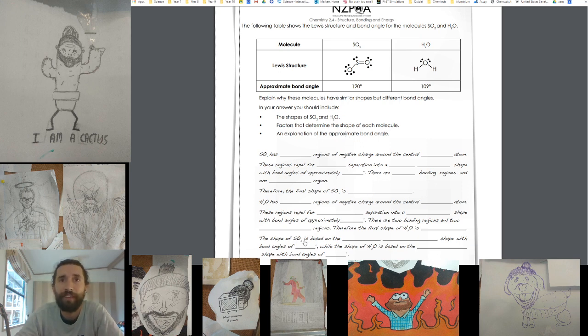The shape of SO2 is based on the trigonal planar shape with bond angles of 120 degrees, while the shape of H2O is based on the tetrahedral shape with bond angles of 109 degrees. That's why, although they both have just 3 atoms, they have different bond angles.